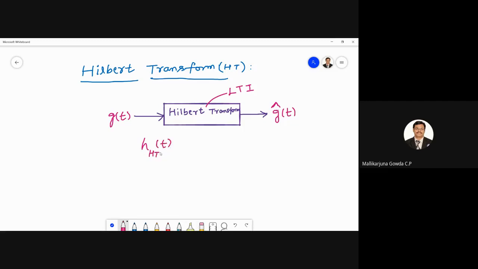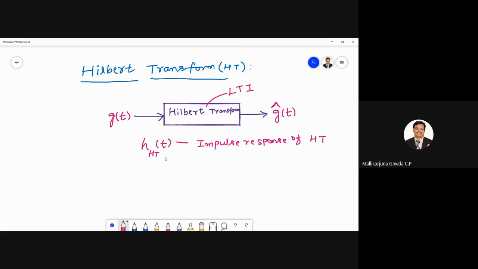Usually we denote the impulse response by h of t, so the suffix HT indicates the Hilbert transform. So this is the impulse response of the Hilbert transform, written in short as HT.